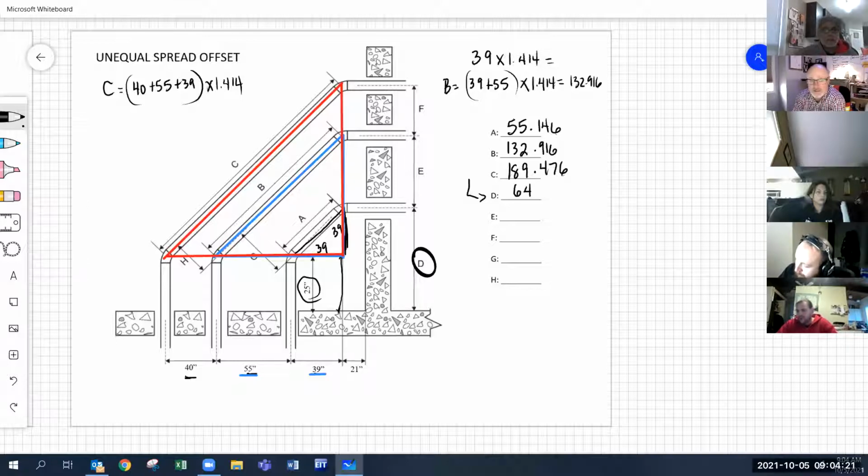So there's D. E is right there. And because this is still spread apart and these pipes are equally spread apart over here, 55 is E. Similarly, F over here is the same as that measurement there. So F is 40.